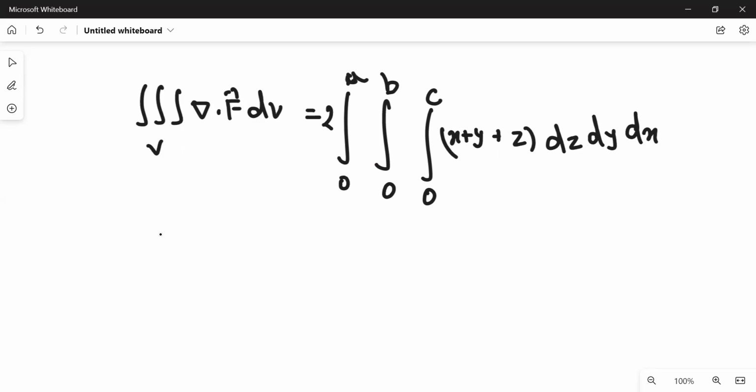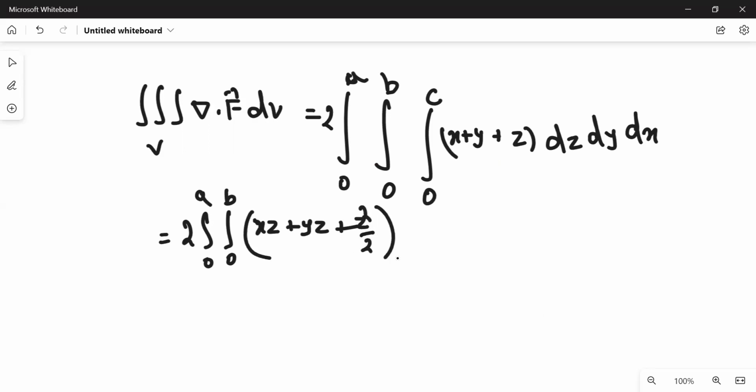First, we'll integrate this with respect to z. So 2 times the integral from 0 to a, 0 to b, of x integrated with respect to z is xz, y integrated with respect to z is yz, and the integration of z is z²/2, between the limits 0 to c, then dy dx.